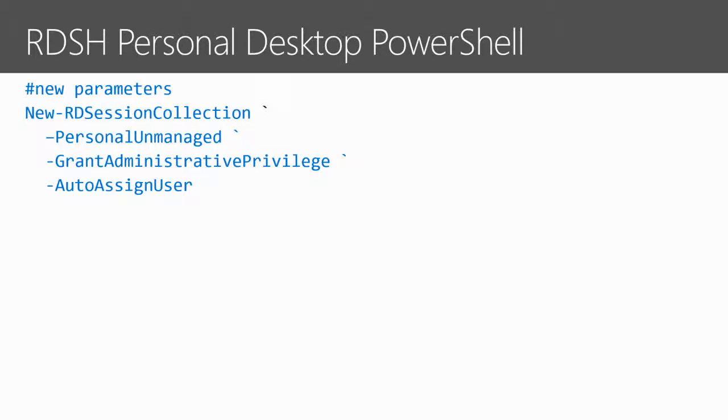PersonalUnmanaged says it's one of these kinds of collections where I'm going to assign users to specific RDSH servers. GrantAdministrativePrivileges basically says when I do assign one, put them in the local administrators group. And finally, AutoAssignUser. That way, you don't actually have to go through and manually assign. You could create a collection with, let's say, 10 RDSH servers, send out the URL to your 10 users, and as they log in, it'll just happen automatically. They'll be assigned to a VM, and off they go.